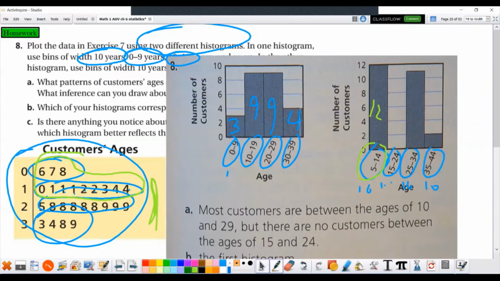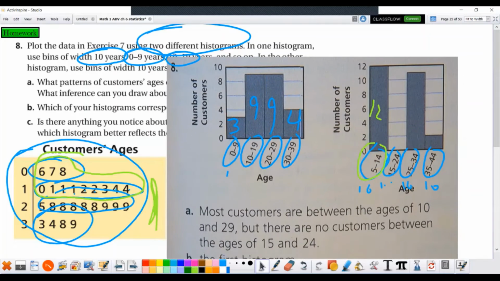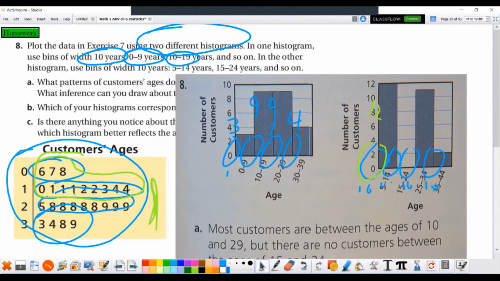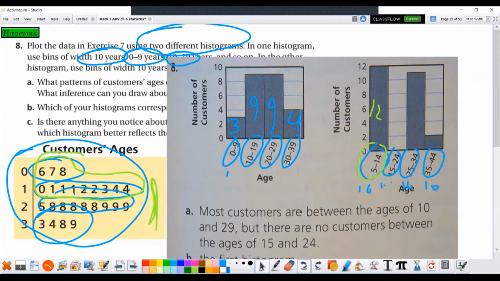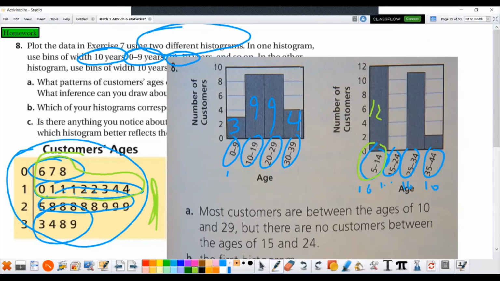So it says, what do you notice about the data that might help you decide which reflects the ages of the store customers? When I look at this, it's just not going to work for me. When I look at this data, it looks like all the customers are pretty much right in here, middle age.